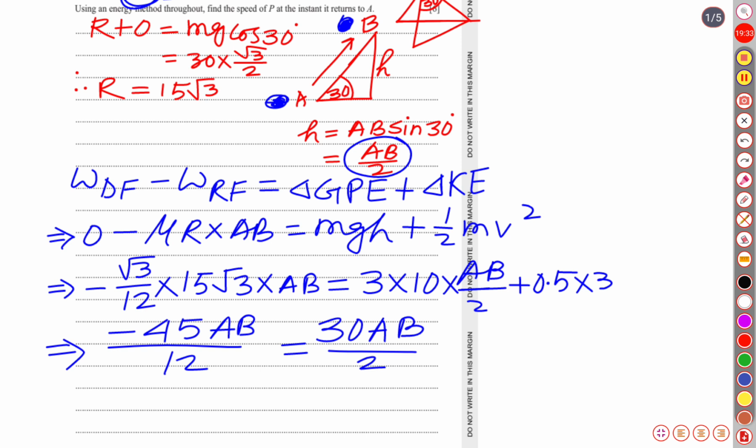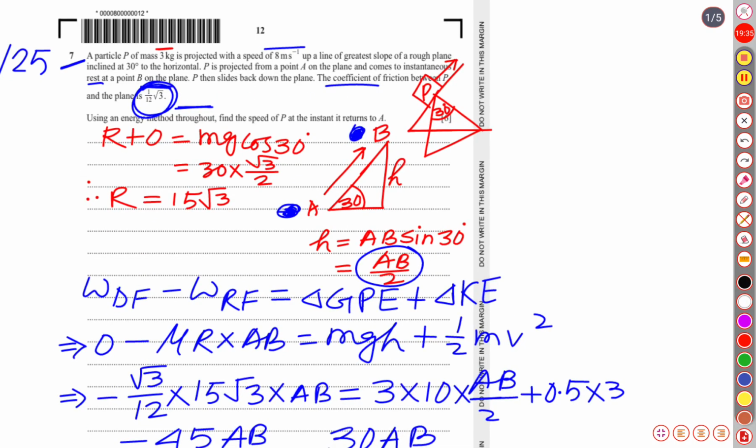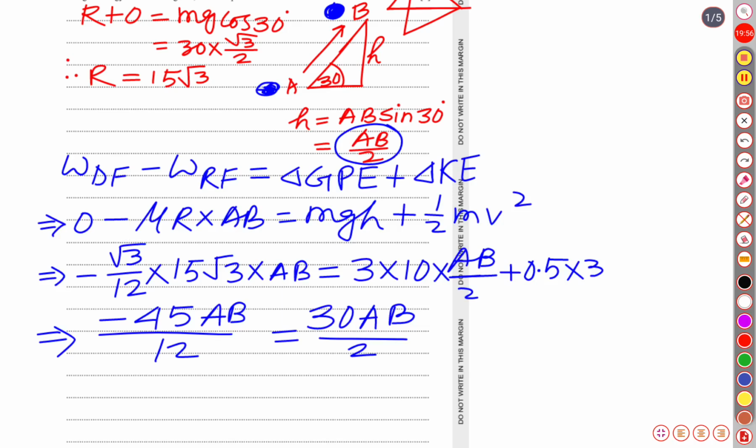The initial velocity of the particle was given. Look at this. It was projected at the speed of 8 meters per second, and finally when the particle reached B, it came to rest. Then it came back again. So at B, the velocity was 0. Initial velocity was 8, so we can substitute that.